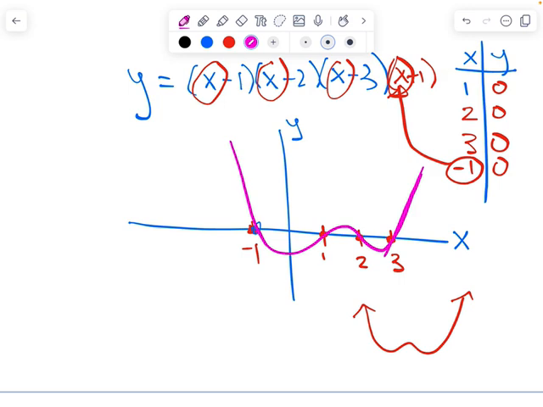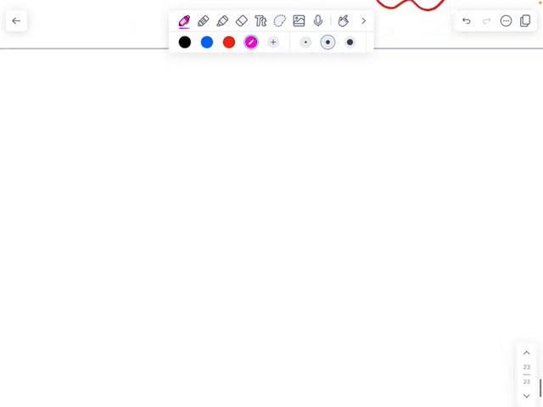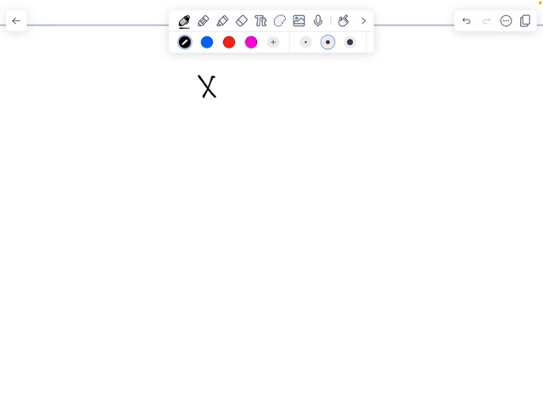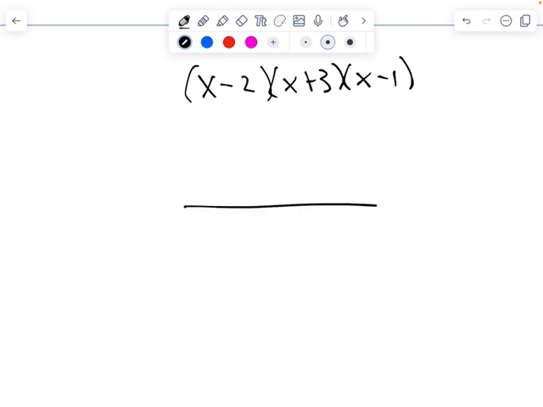Okay, let's do another one. Let's say I have something like this: (x minus 2)(x plus 3)(x minus 1). I'm going to pause the video for a second and think about where it goes through the x-axis. Okay, so this one right here goes through at 2.